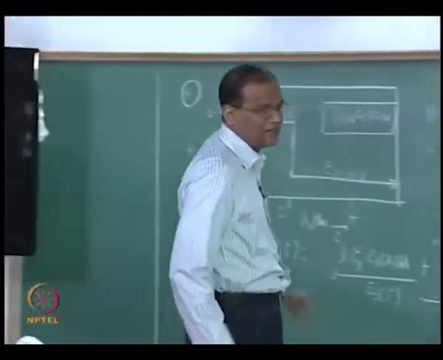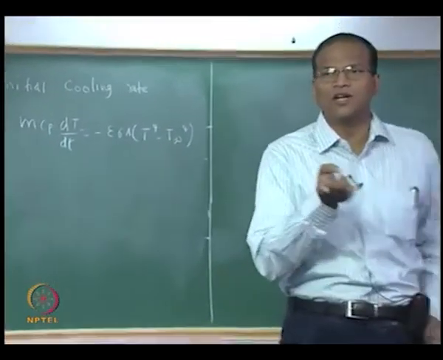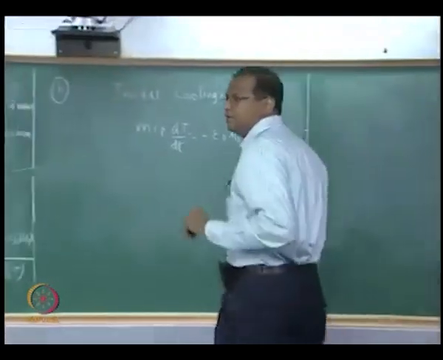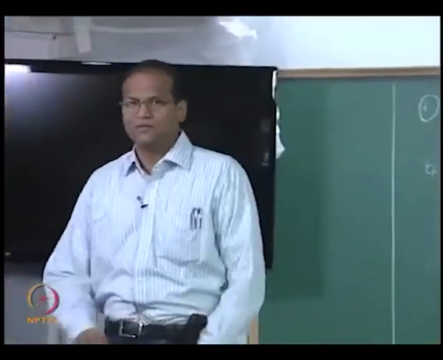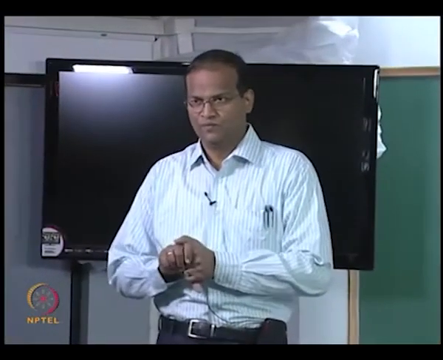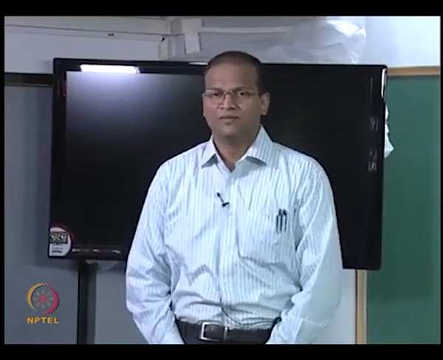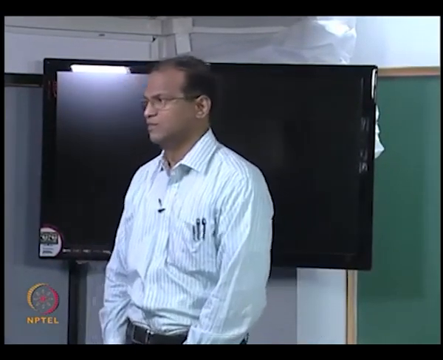Now take it as granted and then proceed. His question was why did he put the T infinity within that epsilon. This will become clear after I come to the concept of radiosity. Now you can write a MATLAB code for this and find out, because emissivity will also change with temperature, right? So the cooling rate will keep on changing, so you have to write a code.